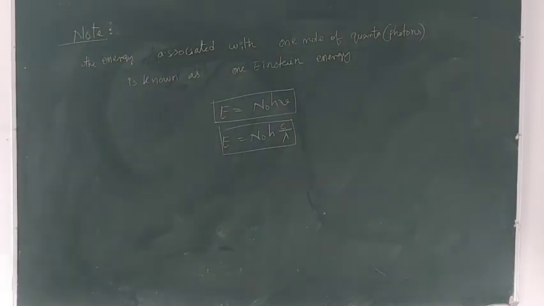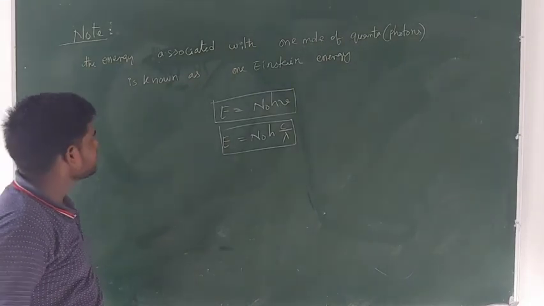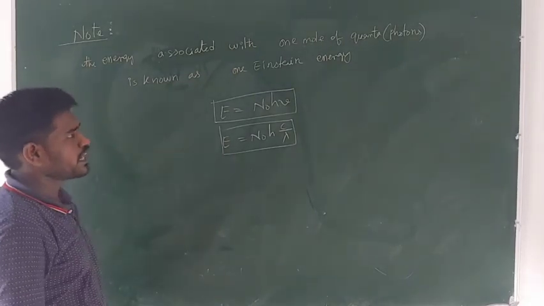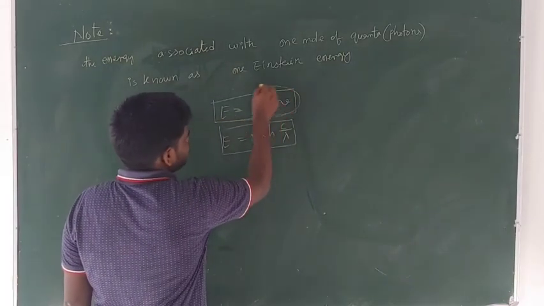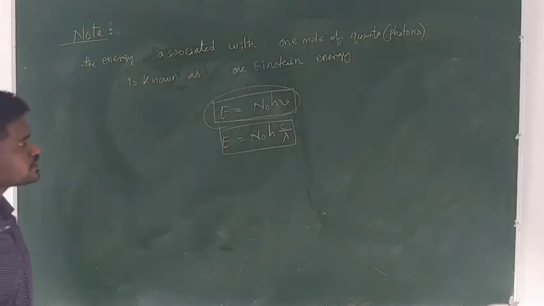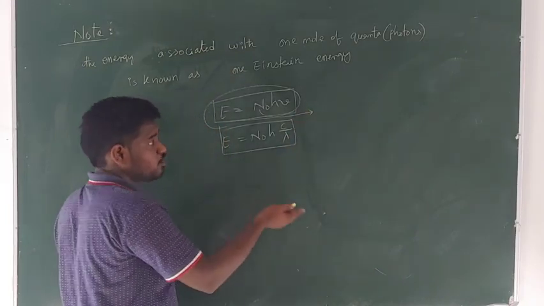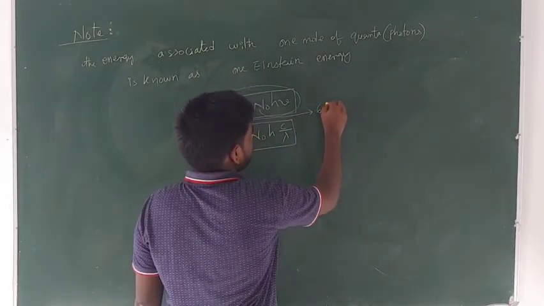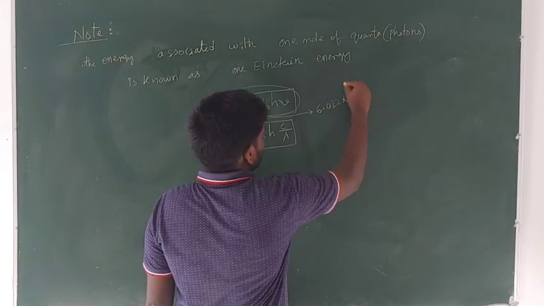The energy possessed by 1 mole of quanta or 1 mole of photons of radiation is known as 1 Einstein. Using this formula we can find the energy associated with 1 mole of photons. Here N naught is 1 mole, the Avogadro number, whose value is 6.022 into 10 power 23.